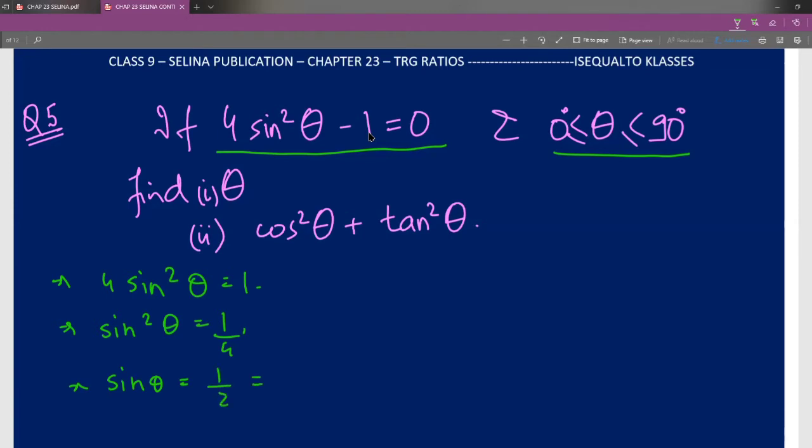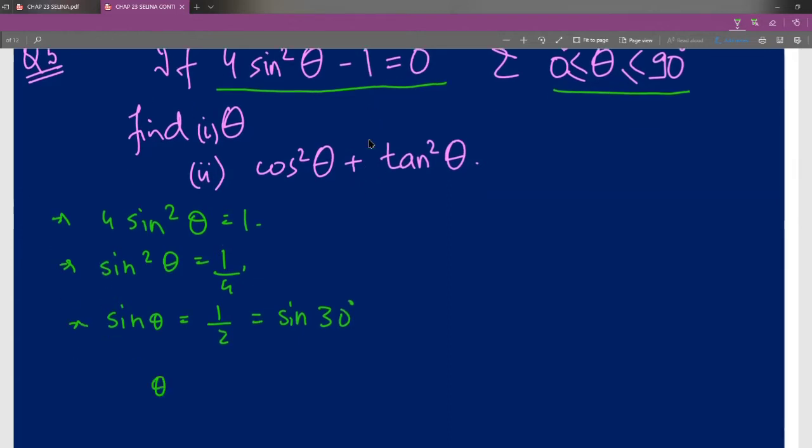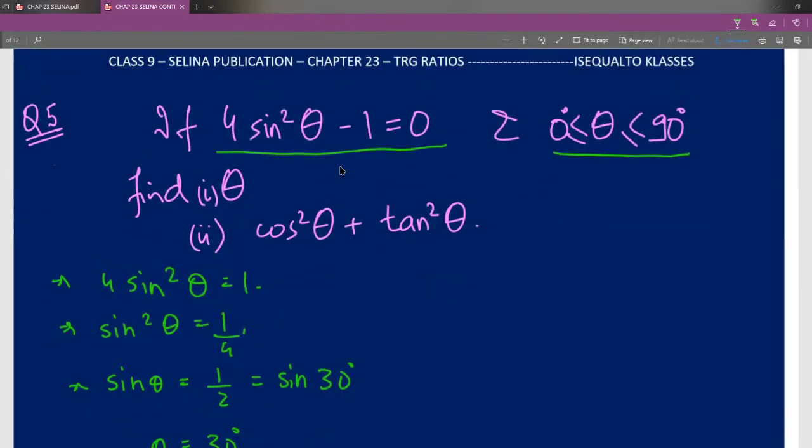Now over here we need an angle theta degree such that the sine of that angle is equal to 1 upon 2. So therefore that angle would be 30 degree. So therefore theta is equal to 30 degree. So we have solved our first question. Theta is equal to 30 degree.